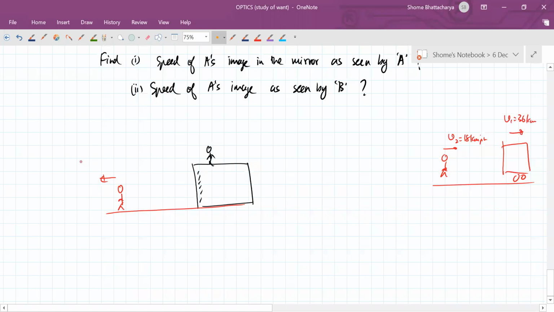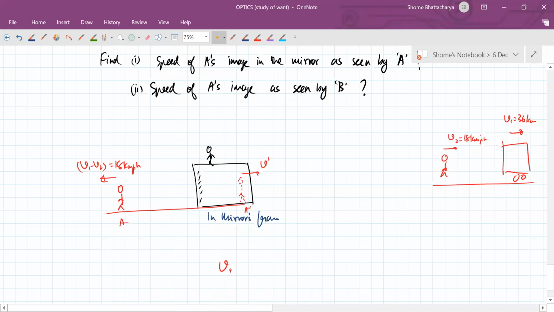So this will appear to be V1 minus V2 in this direction, which is by the way 18 kilometers per hour. Then in the mirror's frame, the image of A will appear to move with a speed like this, let's say v prime.